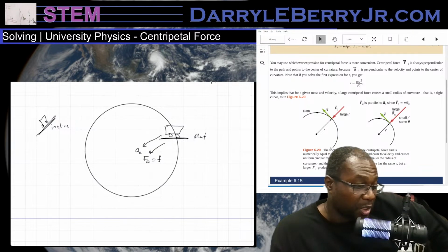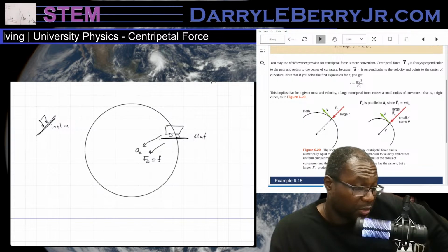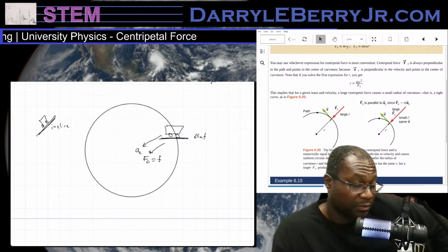The larger Fc, the smaller the radius of the curve, and the sharper the curve. The second curve has the same v, but a larger F produces a smaller r.